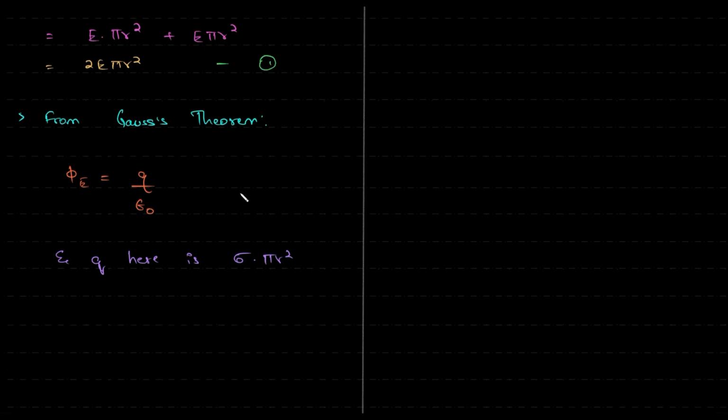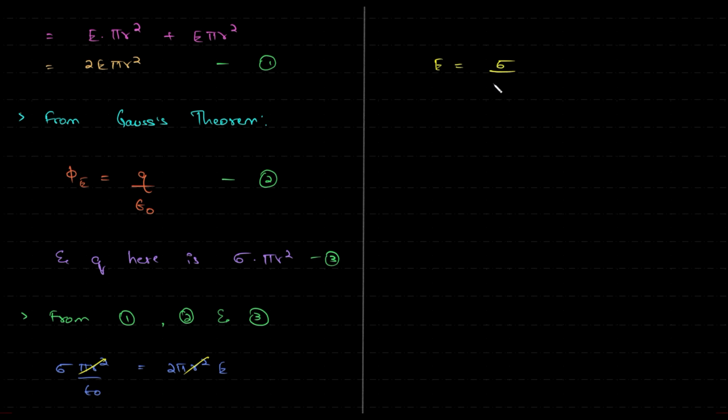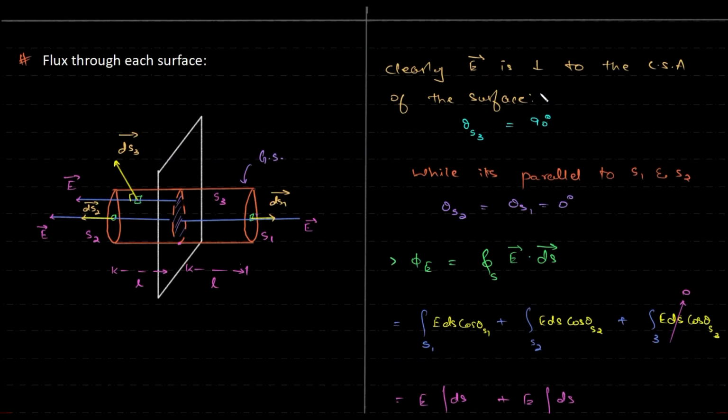So from 1, 2, and 3, what can I tell? Sigma pi r square by epsilon naught is equal to 2 pi r square E. So pi r square gets cancelled, and E is equal to, not rho, sorry, this is not rho, this is sigma by 2 epsilon naught. Sigma, right? Keep forgetting the term.